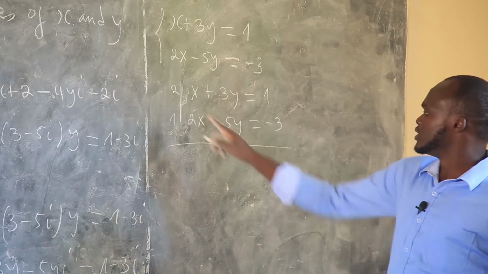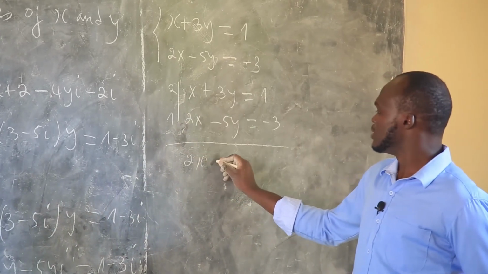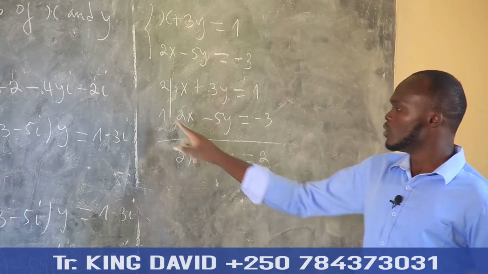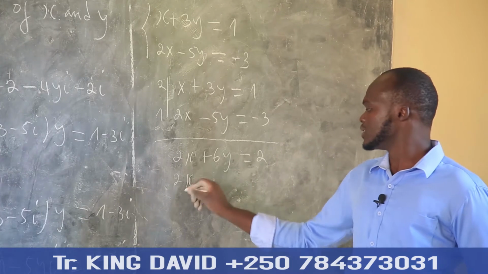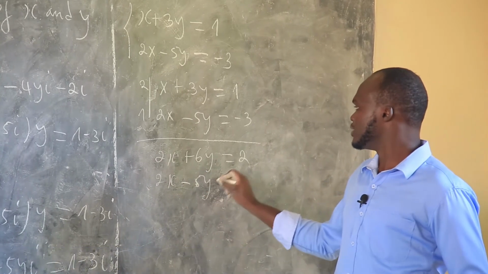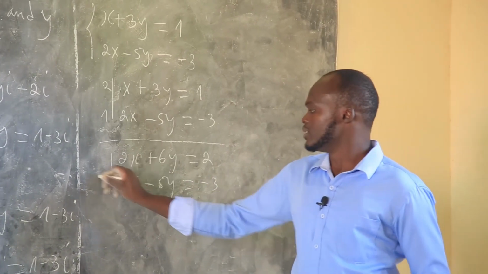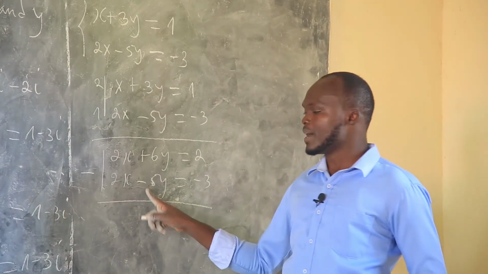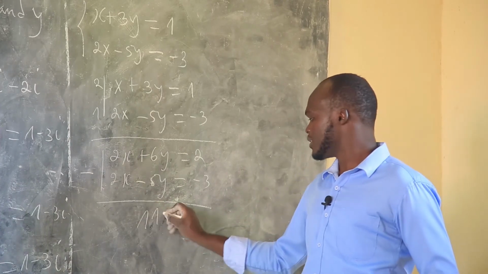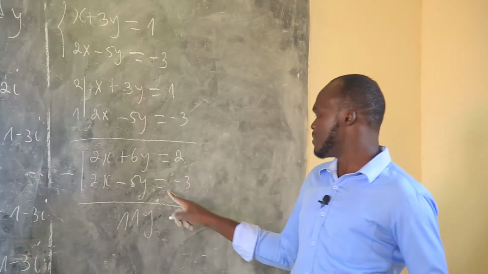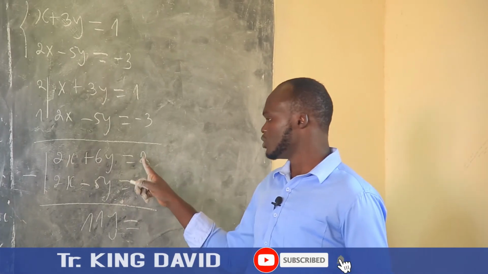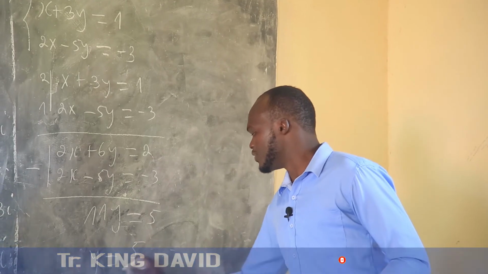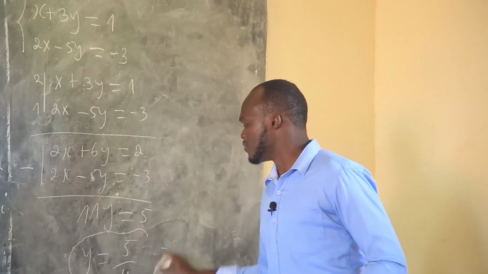We're going to eliminate x. 2x plus 6y equals 2. 1 times 2x, that is 2x, minus 5y equals negative 3. 2x minus 2x, that is 0. 6y minus minus becomes positive, that is 11y. 2 minus minus 3, that is 5. So y equals 5 divided by 11. So this is the value of y.